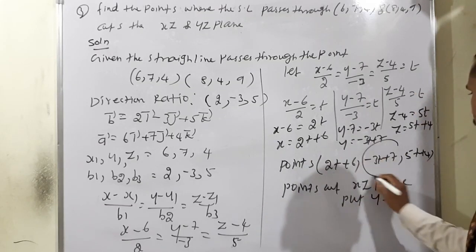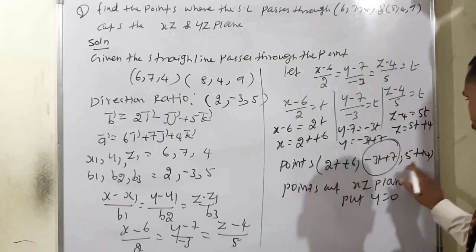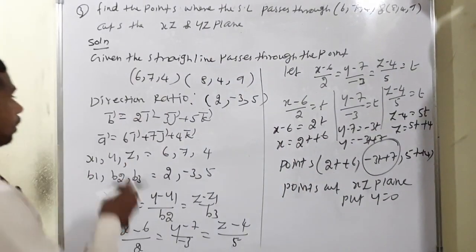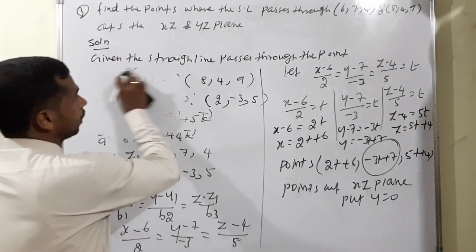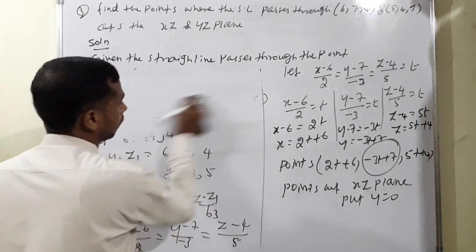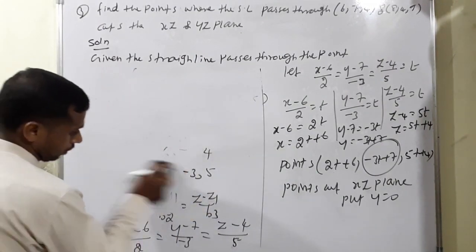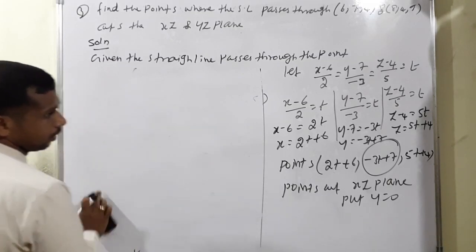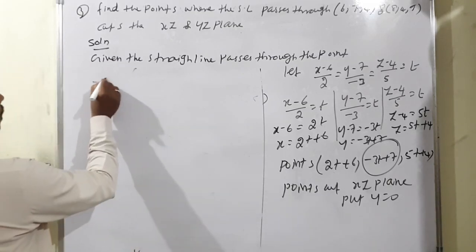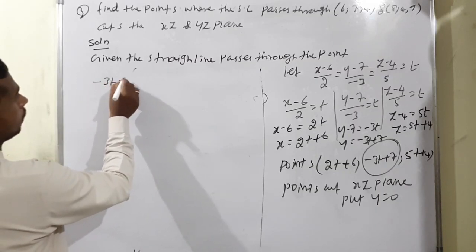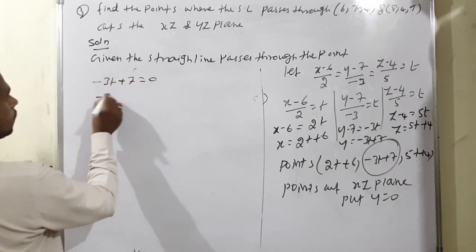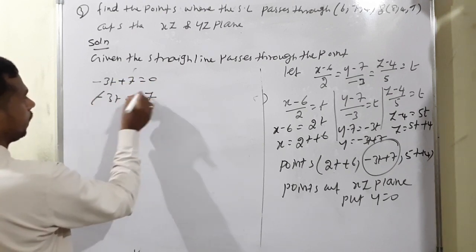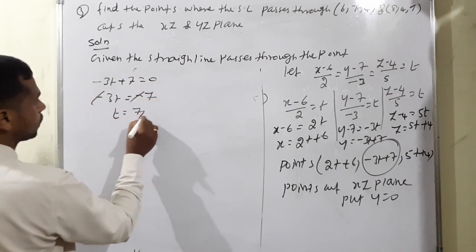So minus 3t plus 7 is equal to 0, which means minus 3t is equal to minus 7. Minus minus cancel, so t is equal to 7 by 3.